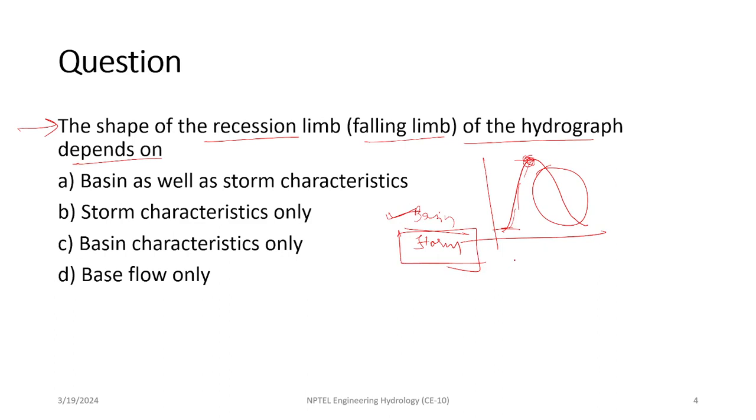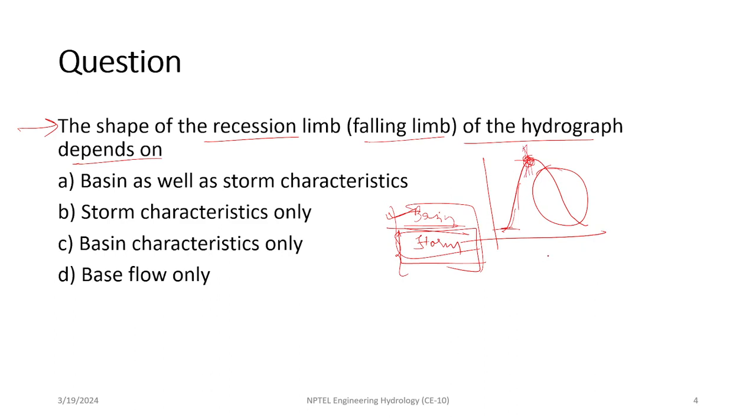So in this case, both the parameters like basin characteristics, that is size, shape, topography, and then coming to the storm, that is duration of the rainfall, then intensity of the rainfall, both of these parameters will be influencing this rising part. But if we are talking about the recession, then definitely only the basin characteristics, because now the storm has already stopped.